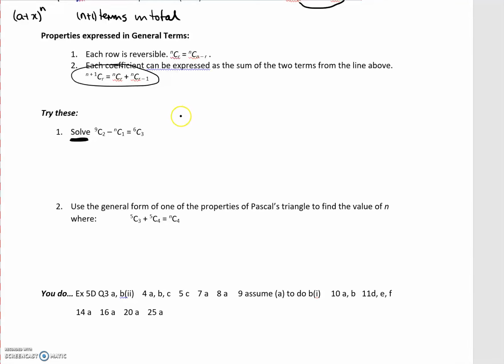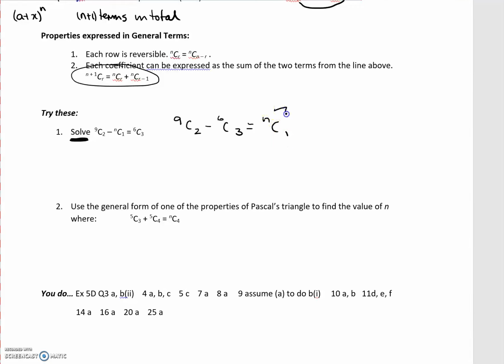So you actually write this more as 9C2 minus 6C3 equaling nC1. That then gives us a numerical statement to work with, and then we will equate it to nC1.